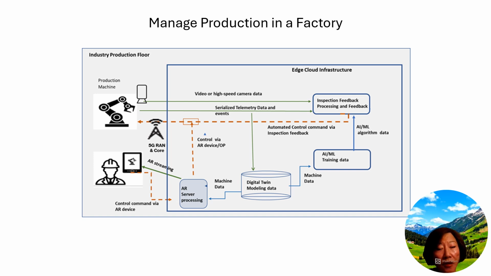In fact, these are not exactly factory scenarios for the future; as I said earlier, this is happening in a lot of factories today already. Corrective actions or commands for misalignments derived from the processed output can be sent in two ways. One, a manual process with an augmented reality server, or two, an automatic process with an AI/ML process.